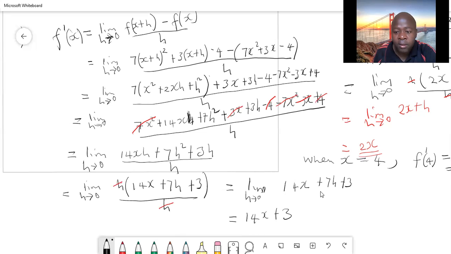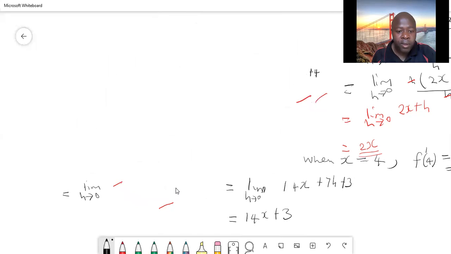H is 0, so 0 times 7 would be 0. So we are left with 14x plus 3 as the answer, the derivative of the function given to us. And let's look at the other example.